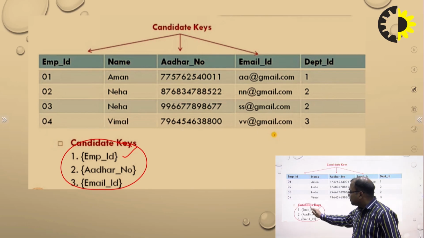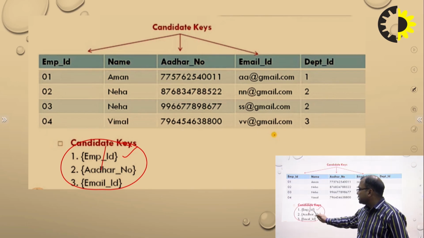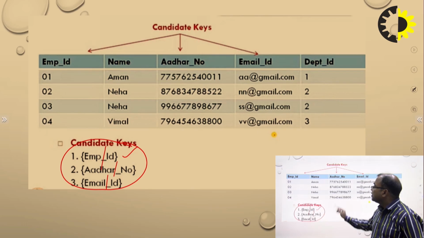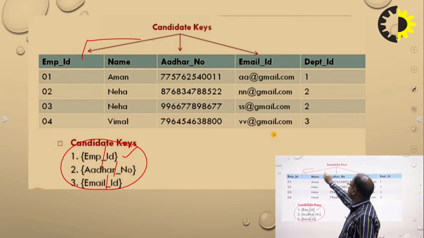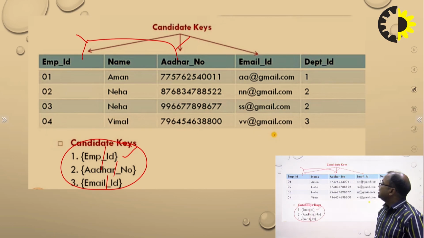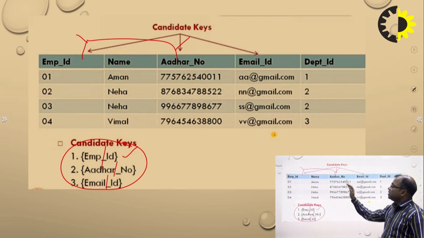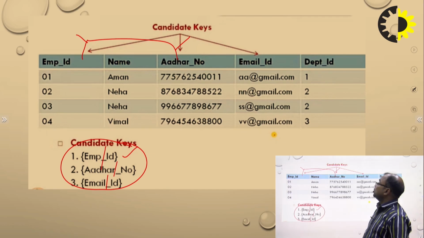We cannot further divide employee ID, Aadhaar number or email ID, but we can divide the combination of email ID and Aadhaar number. They are all individually also candidate keys. So the combination of email ID and Aadhaar number is a super key, but not a candidate key. So that is all about the candidate key.